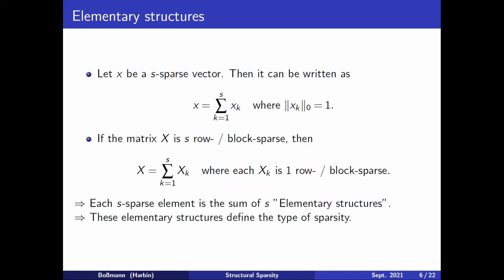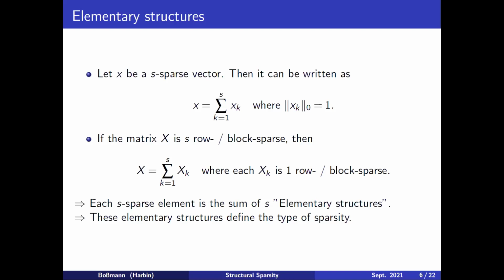And these are basically one-sparse structures that build up your sparsity model, if you want to say so. So let's say you have a sparse vector with only S non-zero elements. Then you can write this vector as a sum of S other vectors, and each of these other vectors is one sparse. So an S sparse vector can be written as the sum of S one-sparse vectors.